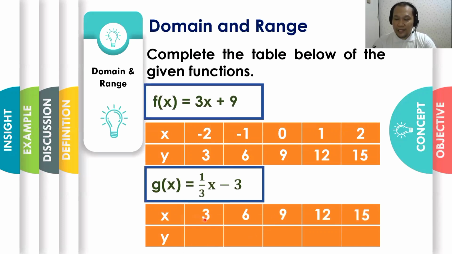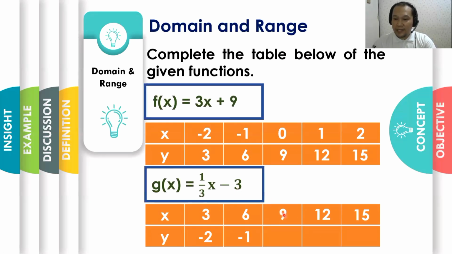If our x is 3, then 1/3 times 3 is equal to 1, minus 3, the answer is -2. If our x is 6, then 1/3 times 6 is equal to 2, minus 3, the answer is -1.